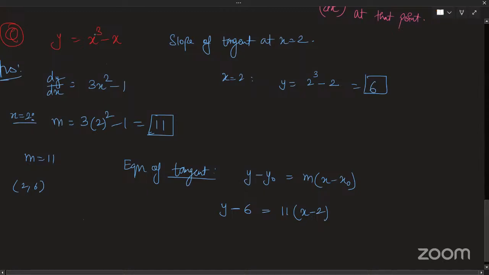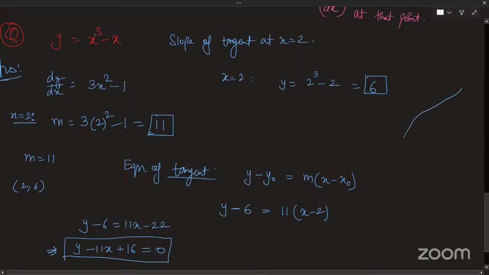So y minus 6 is equal to 11x minus 22. So y minus 11x plus 16 is equal to 0. This is my equation of tangent, right? Okay. So basically, if I plot the curve, at x is equal to 2, something like this will be the tangent to the curve.